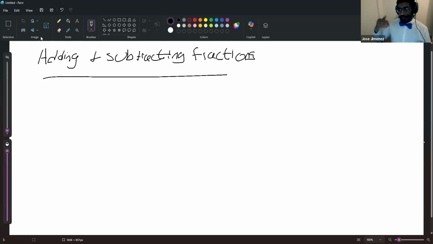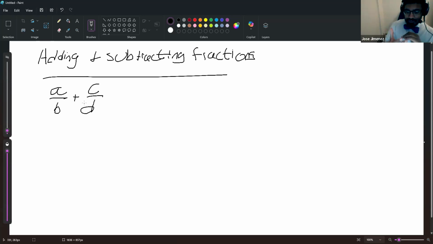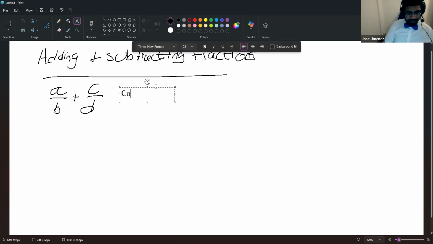Let us start off with a general fraction. Let's say we have A divided by B plus C divided by D. So the main idea of adding fractions, we're going to need some level of a common denominator. That is one of the most important things we're going to need to add any fraction or even subtract.